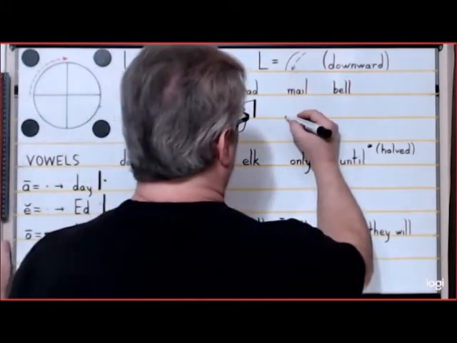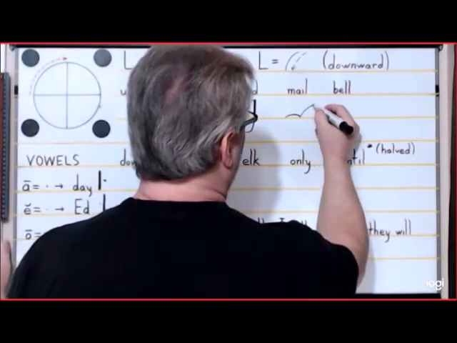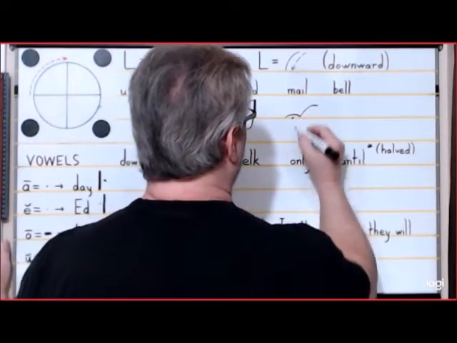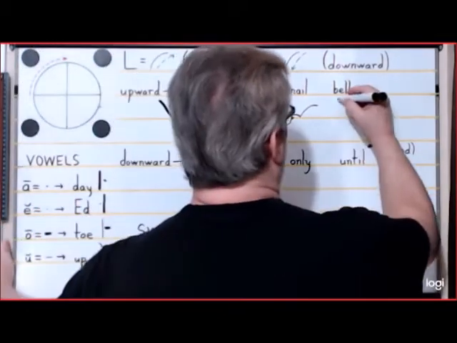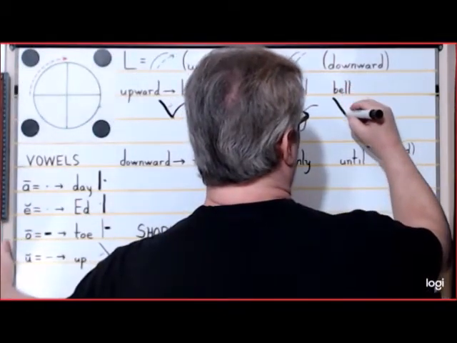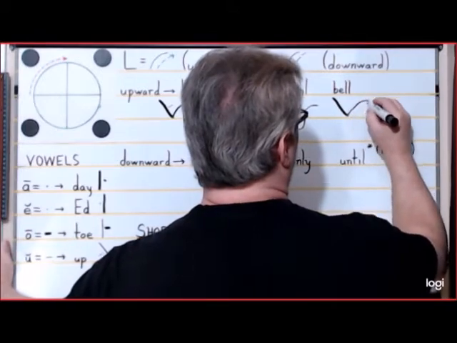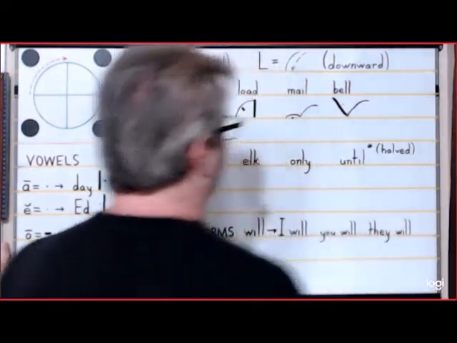Male is M, L, with a heavy dot. And then bell is B, and then an L, then a light dot.